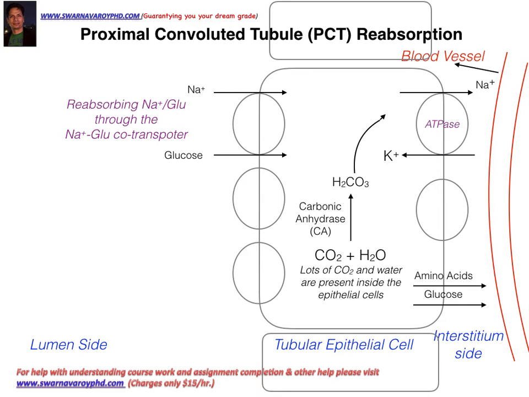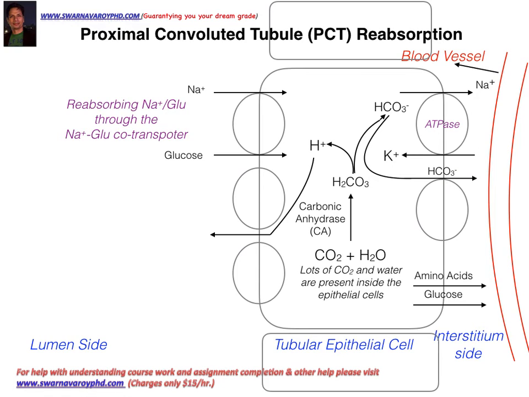Now, this carbonic acid then splits up into bicarbonate ion and H plus ion. As I said before, the bicarbonate ion is taken back by the blood vessels because it's required. The bicarbonate is reabsorbed by the blood vessels.